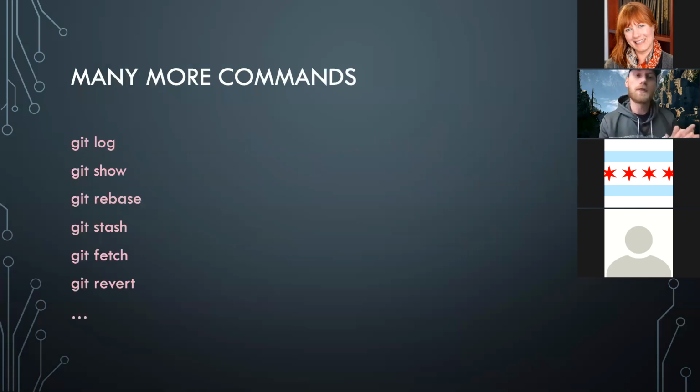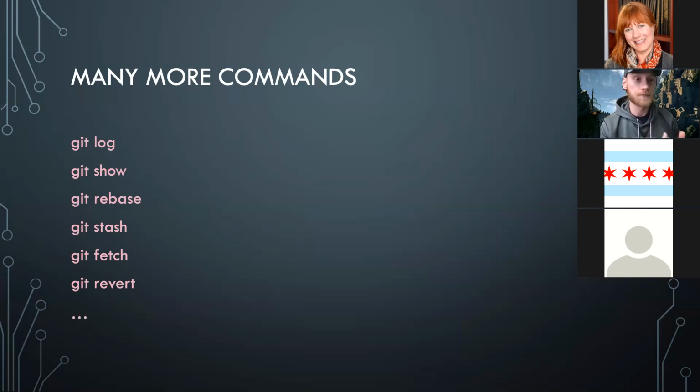So that's just kind of the basic commands to incorporate most of the main functionality of Git. There are a lot more commands that you can do, but these commands are kind of getting into the nitty gritty. So like git log, that will show all the commits, all the commit histories.